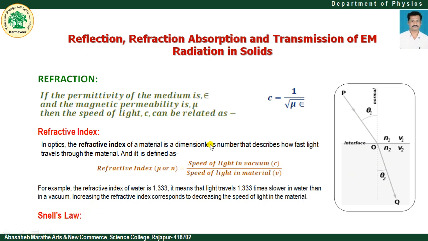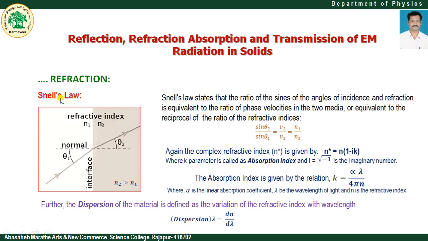Now let us talk about Snell's law. Snell's law states that the ratio of the sines of the angles of incidence and refraction is equivalent to the ratio of phase velocities. Here theta 1 is the angle of incidence and theta 2 is the angle of refraction.